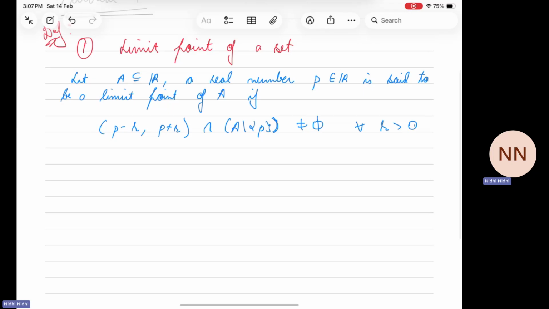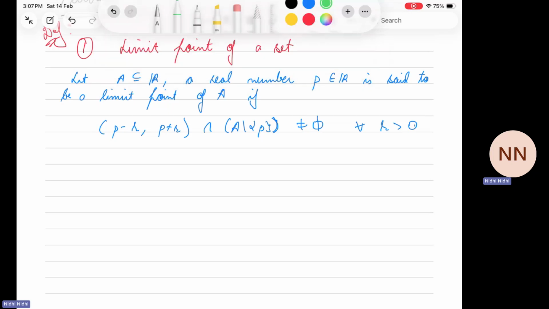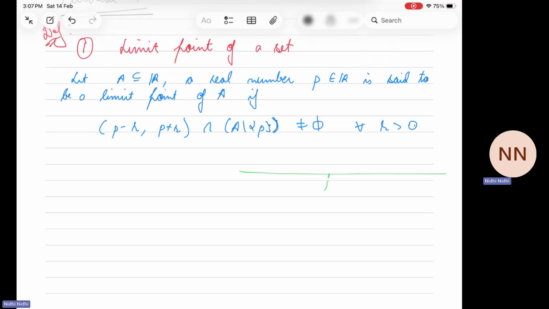Basically, on the real line, with some point P, no matter what R I take, the interval P minus R to P plus R should have some point of A except for P. P need not be a point of A, but we should always be able to find at least one point in P minus R to P plus R, other than P, that belongs to A. And this should happen for every R positive. Then we say that P is a limit point of the set A.